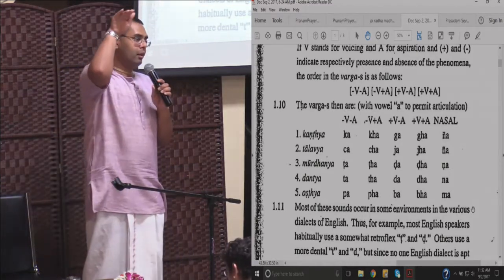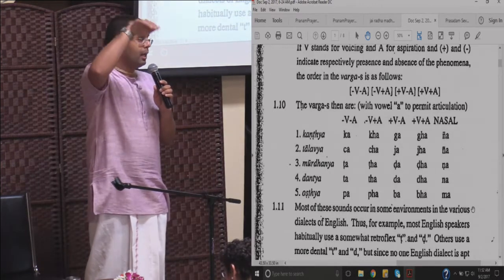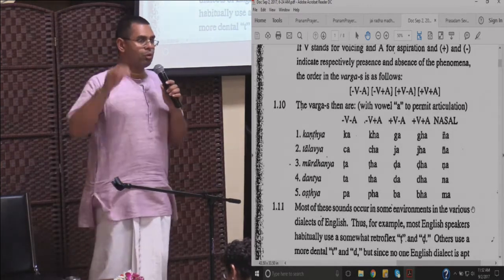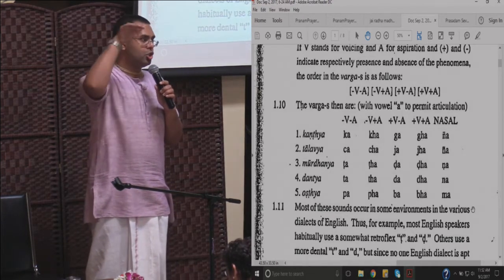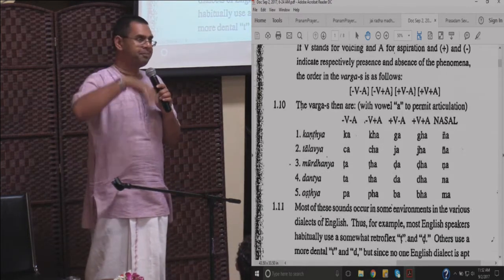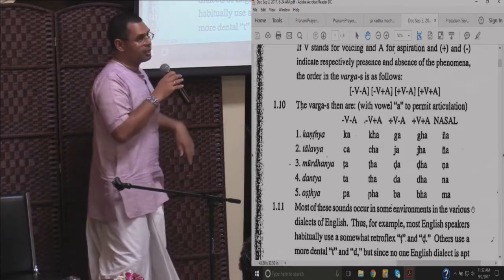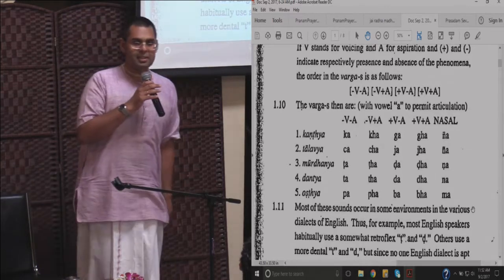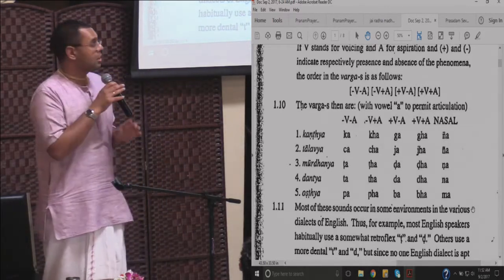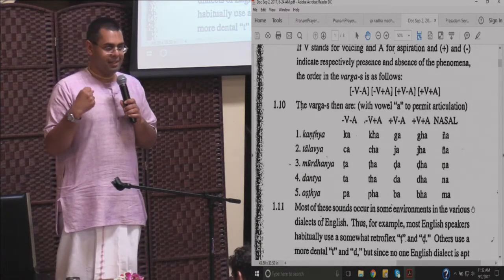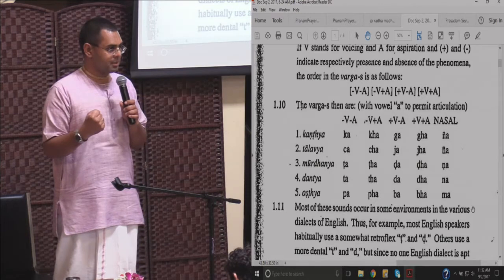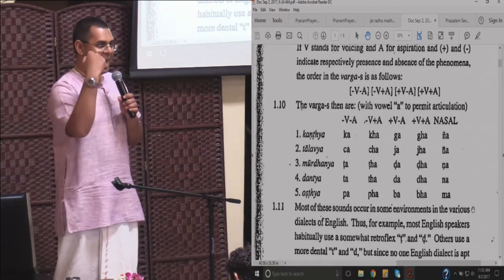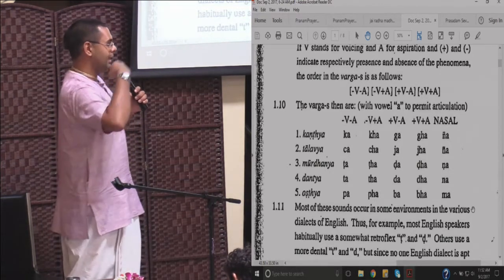The second ones, talavyas, are the palatals, and this is right above your tongue, the roof of your mouth, where you're rubbing gently. Cha, chha, ja, jha, nya, okay? The next ones are murdhanyas. Murdhanyas don't exist in English, so they're often a challenge. They are the retroflex.